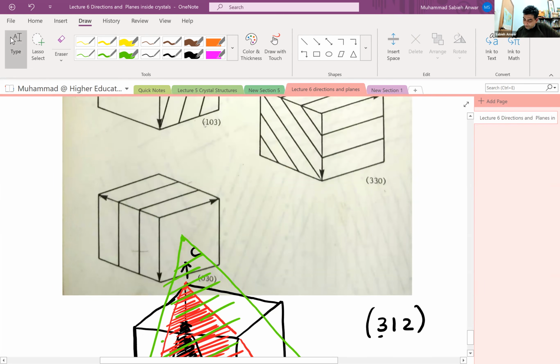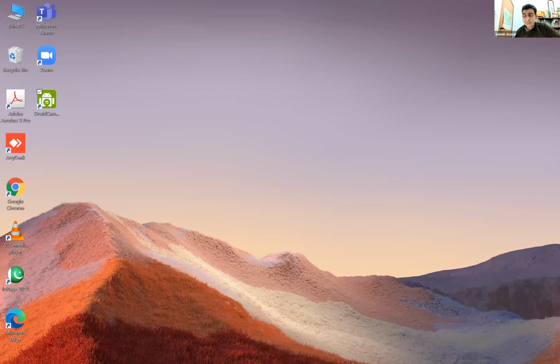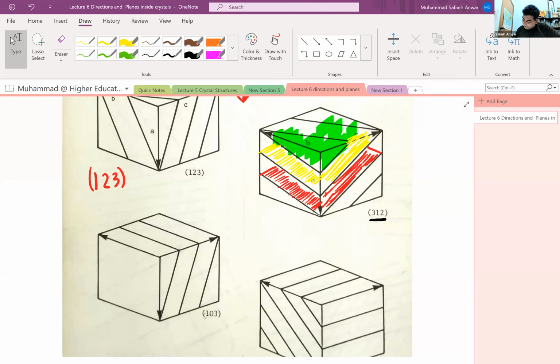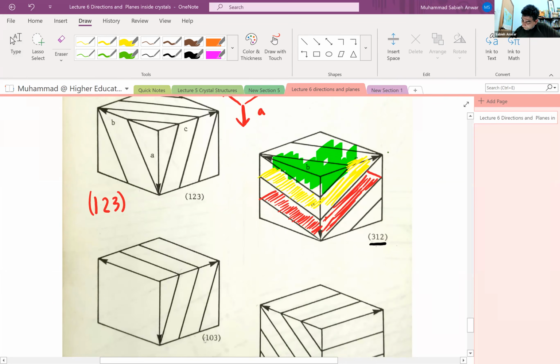Now another, more common approach which is used by most authors in crystallography is the following. Somehow my OneNote is just stuck. So bear with me for a minute, please. All right. So suppose I look at the 312.